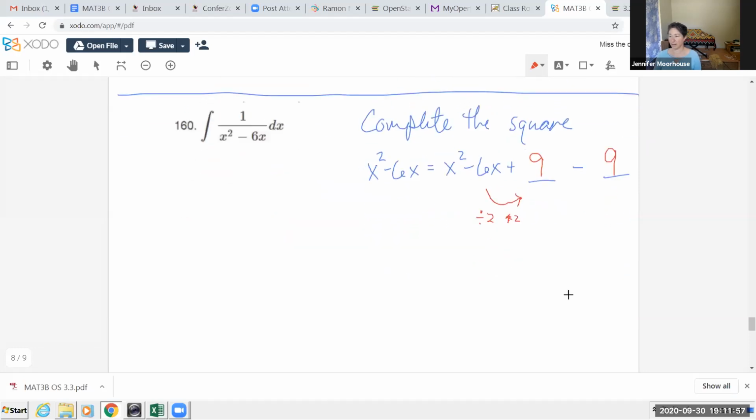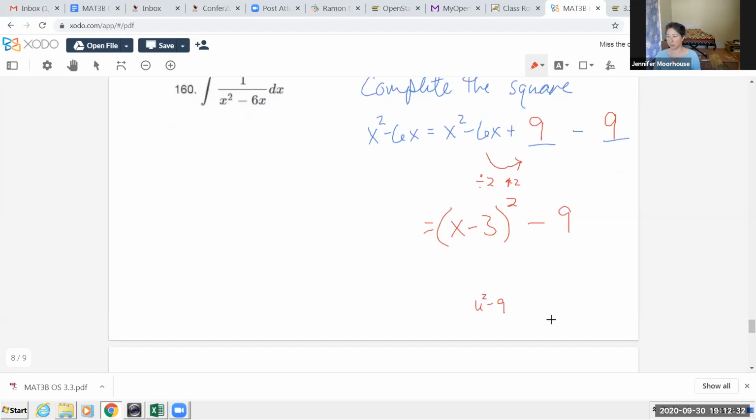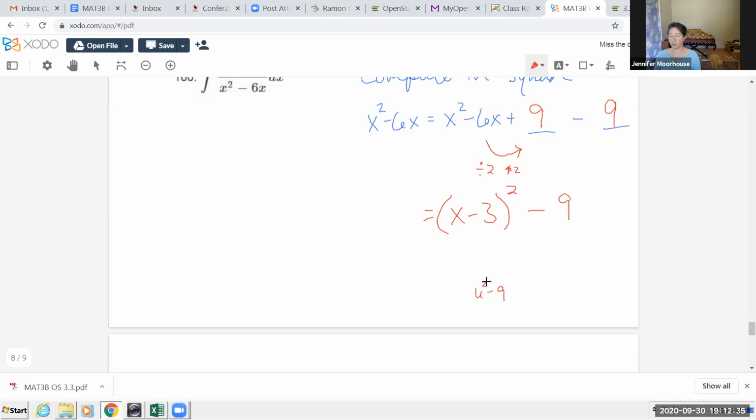And now what we have is x minus 3 squared minus 9. If I think of that x minus 3 as a u, this is like u squared minus 9, which is a trig substitution situation, right? In that case, if you had u squared minus 9, you would make the trig substitution u equals 3 times secant theta.